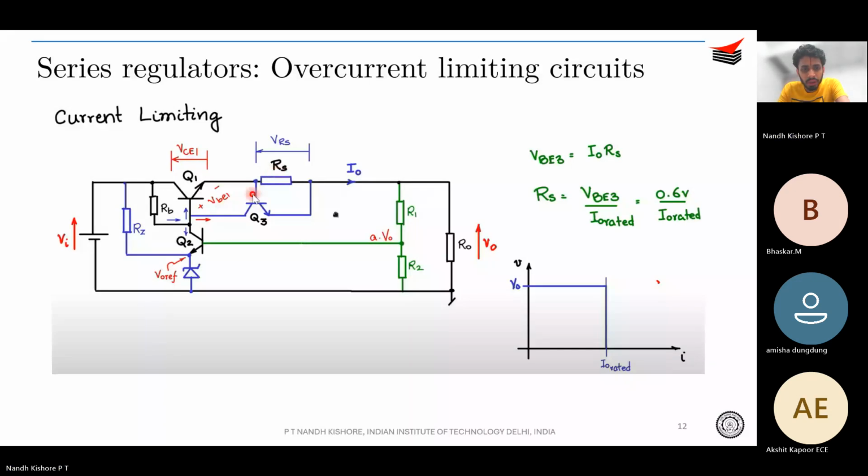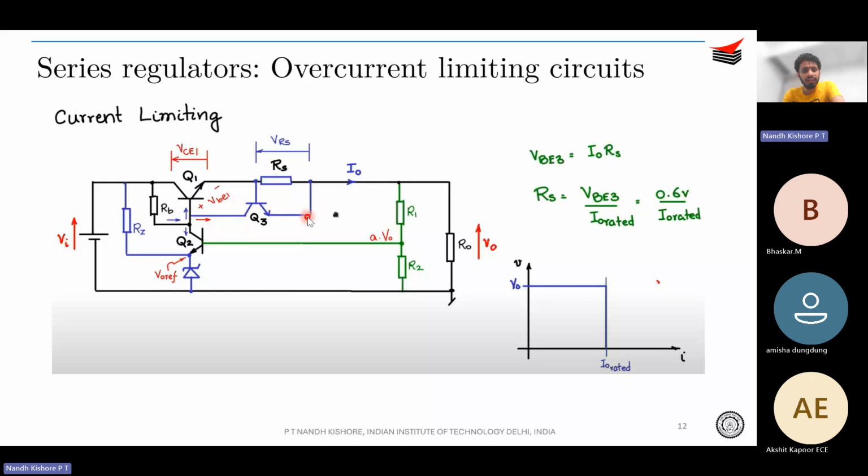And so when will this circuit kick in to operate? That is, when will this Q3 start conducting? Ideally, this Q3 should start conducting if your current increases beyond the maximum current rating, correct? If your current increases beyond the maximum current rating, you want this to operate.